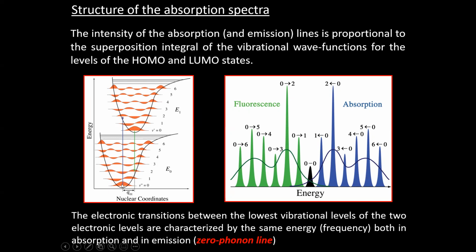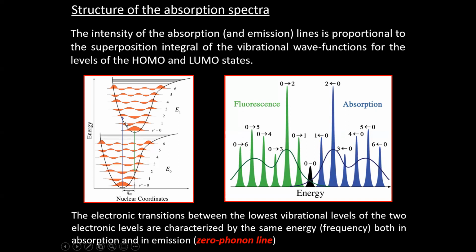But for example, the transition probability from this state to this state here is smaller because the two wave functions superpose less. As a result, the absorption is given by several different contributions that are at increasing energy, no? Because if you go from here to here, you have a certain energy.